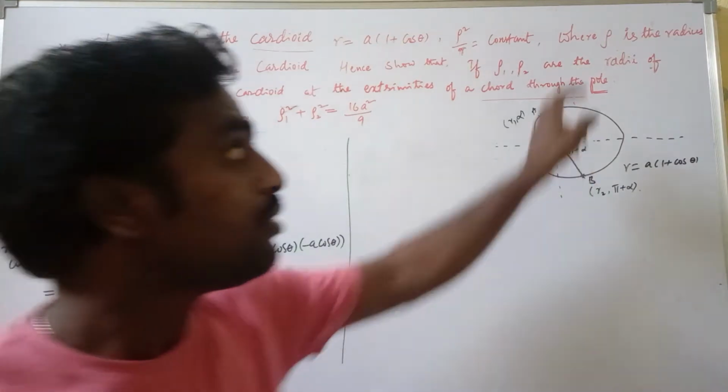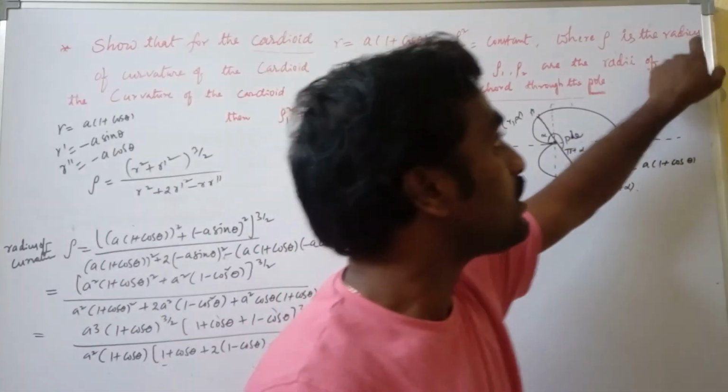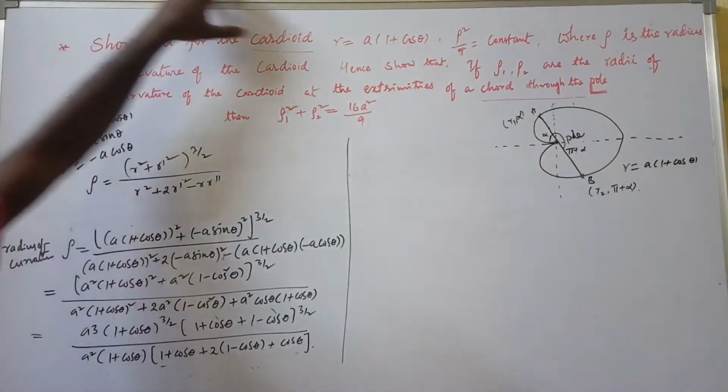Where ρ is the radius of curvature of the cardioid.